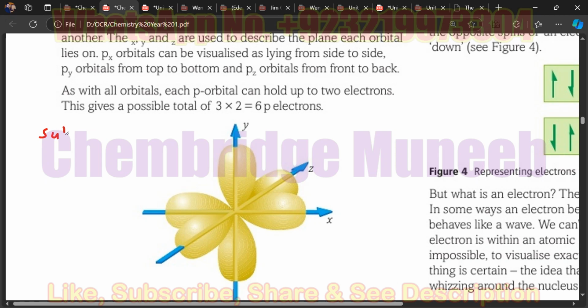How many orbitals are present in subshell s? There is just one, that is s itself. S is a subshell and s is the orbital. So basically there is just one orbital in the s subshell, which is s itself. Is that clear?